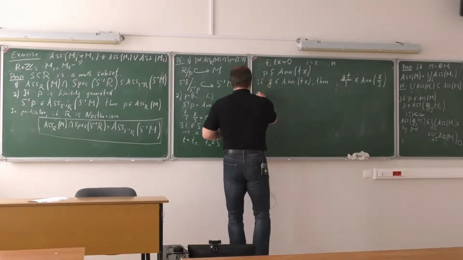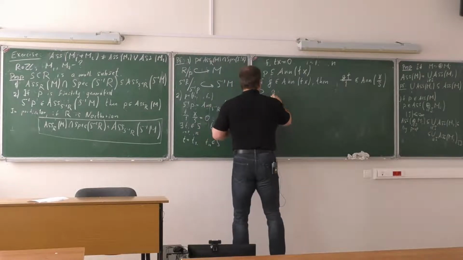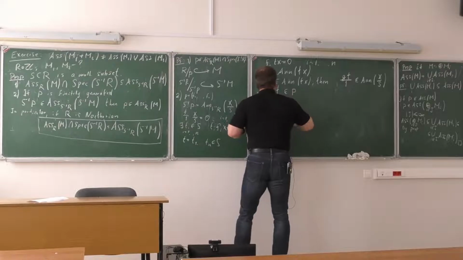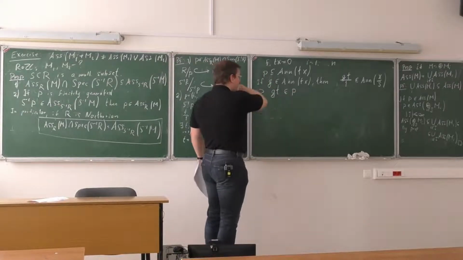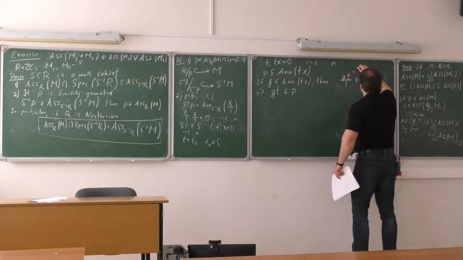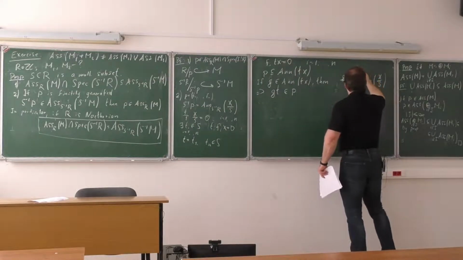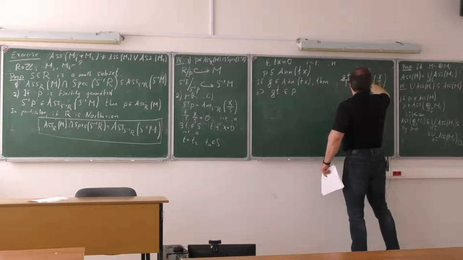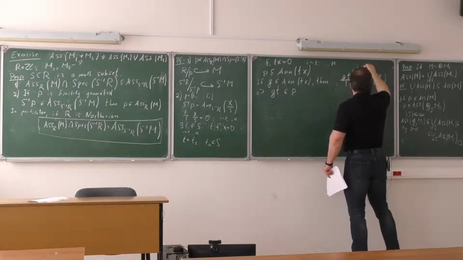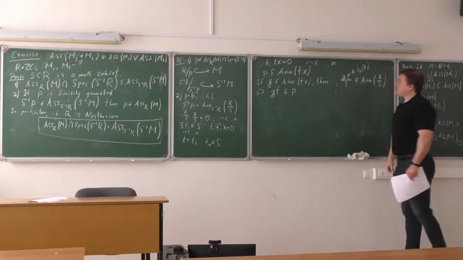Okay, so then I claim that the product g t is actually in the ideal P. Well, this fraction is what we called iota sub s. So this is an element of iota sub s of P, right?